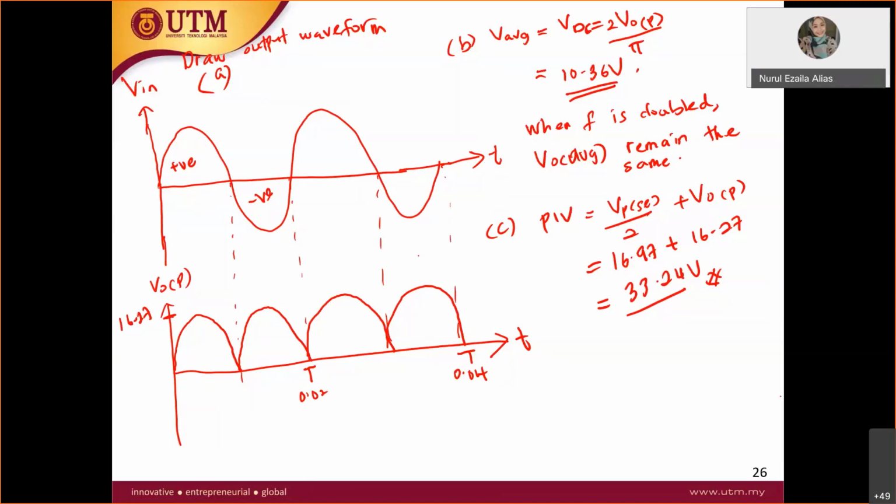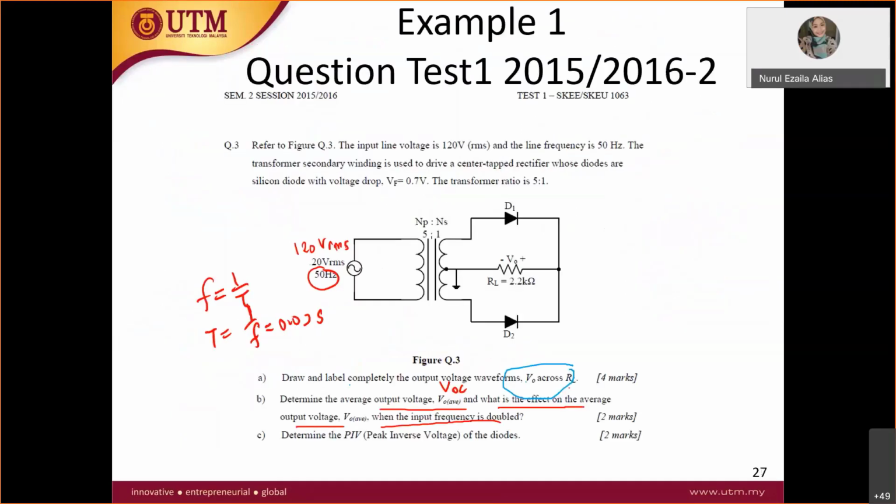For the first question, I think this example covers everything we learned today about center tap. I like this example because you can see a real question like it in the test later. Why?